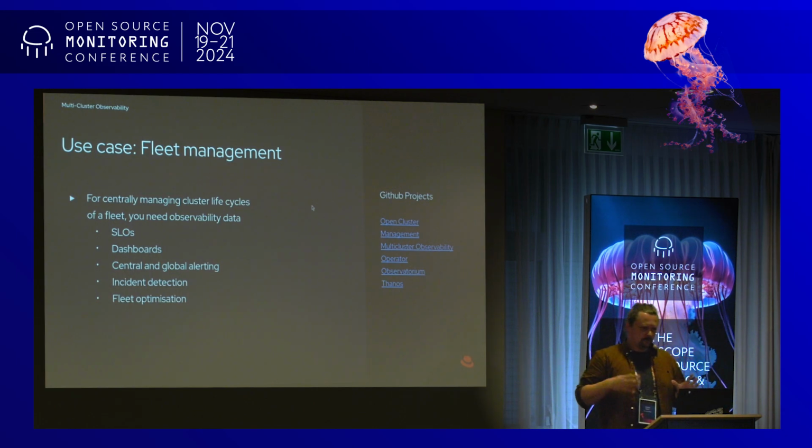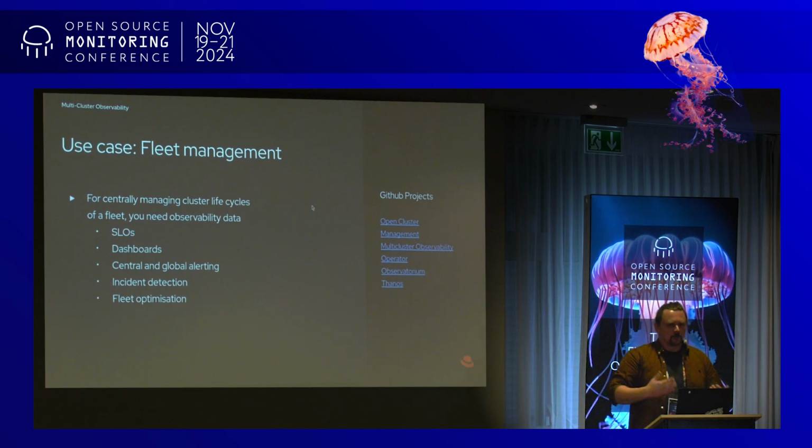And you use observability data for things like looking at your SLOs, checking whether that fleet is inside your error budgets. When things go wrong, you can have global dashboards for everything. Of course, central and global alerting. This is also good for incident detection and for optimizing your fleets.